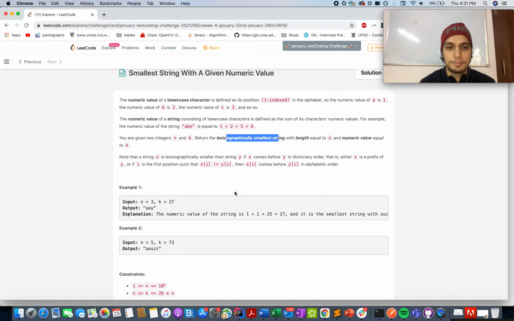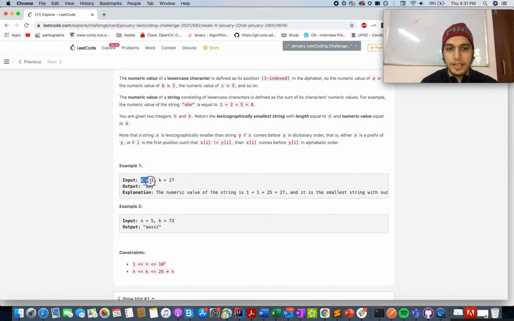For example, in this question, n is given as 3 and the numeric value that we are searching for, the summation of all the characters in that string when they're appropriately mapped, should be 27, and the length of the string should be 3. The string becomes a, a, y, because a maps to 1 and y maps to 25.